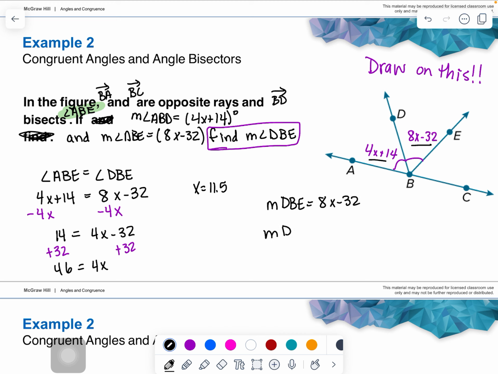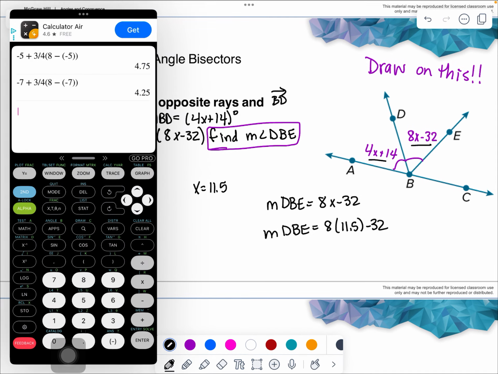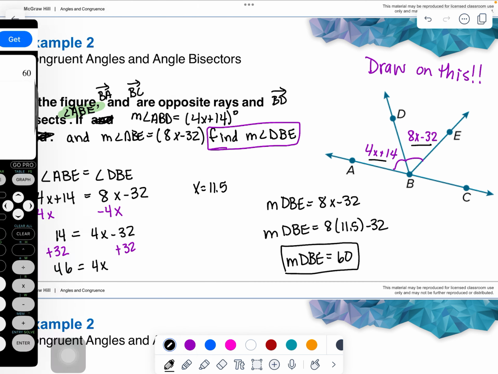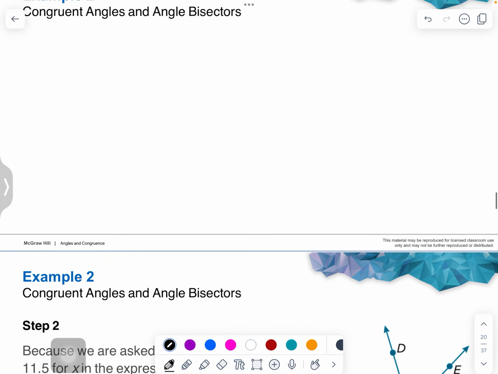So the measure of DBE equals 8 times 11.5 minus 32. And then we're going to bring our calculator in and say 8 times 11.5 minus 32. And the measure of DBE equals 60. There we go.